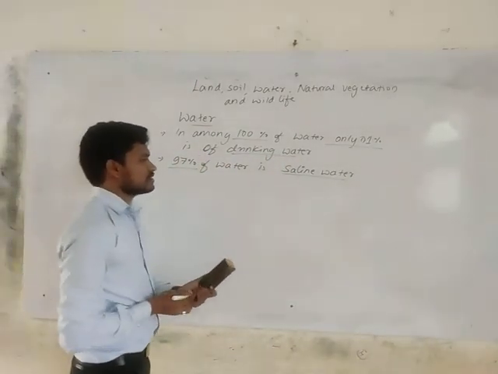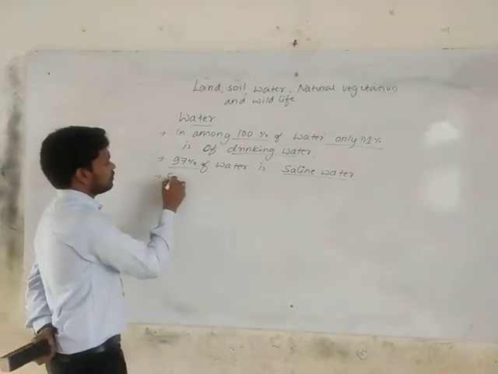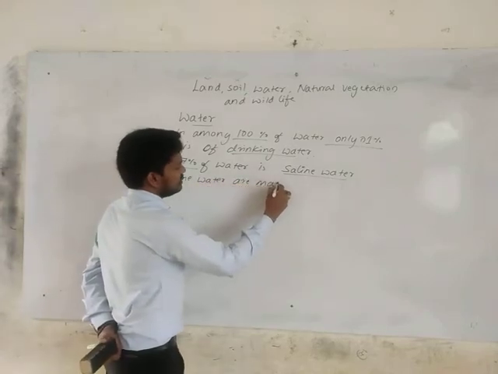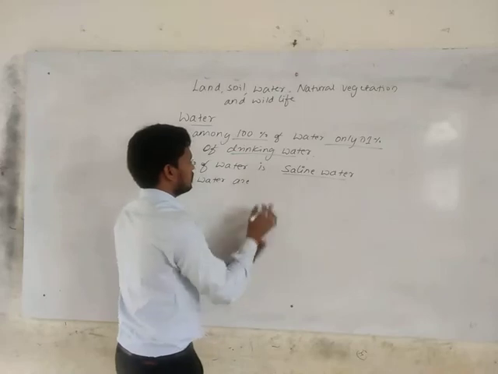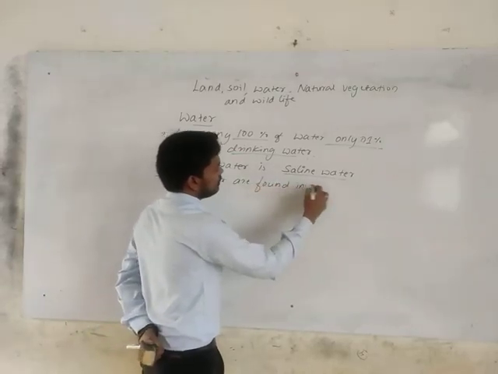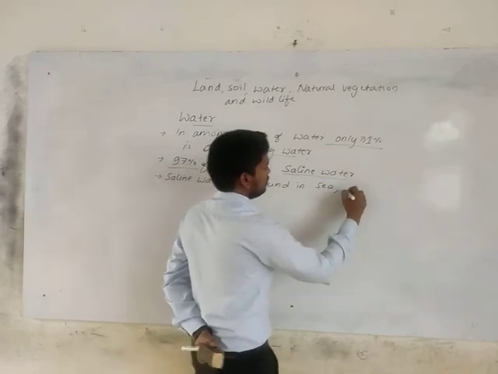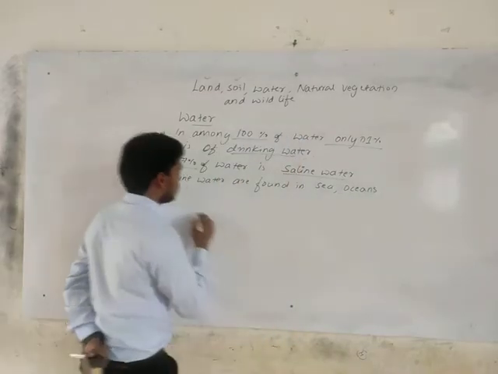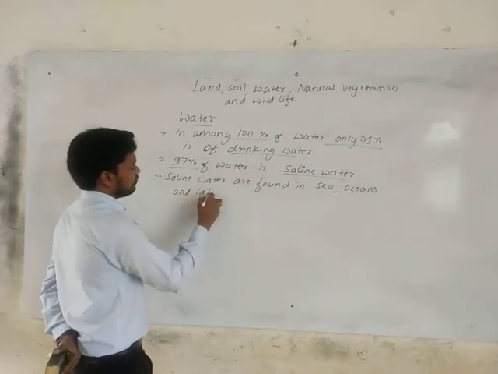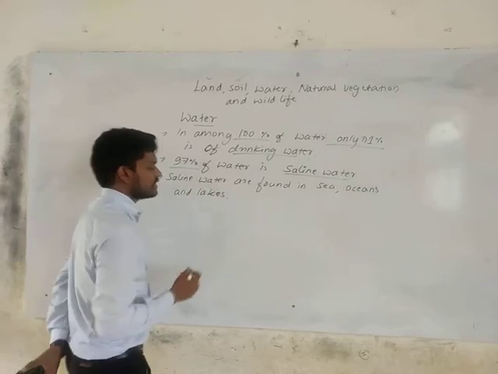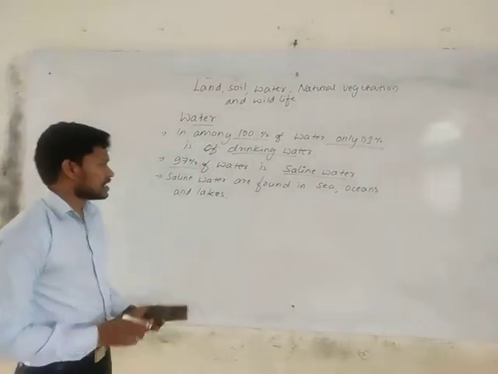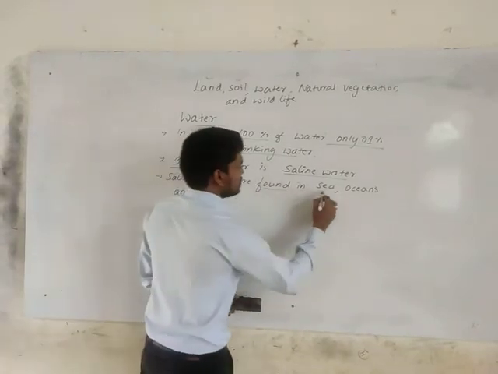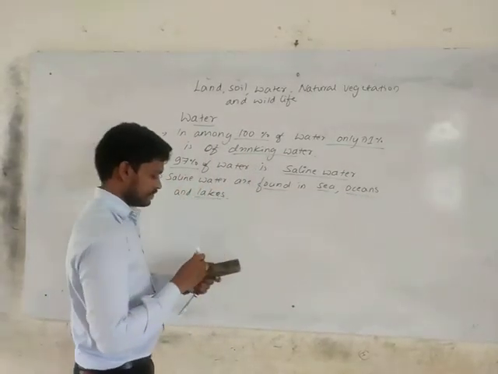These saline waters are mainly found in seas and oceans, and in some lakes. Not every lake is saline; there are some freshwater lakes and some saltwater lakes.